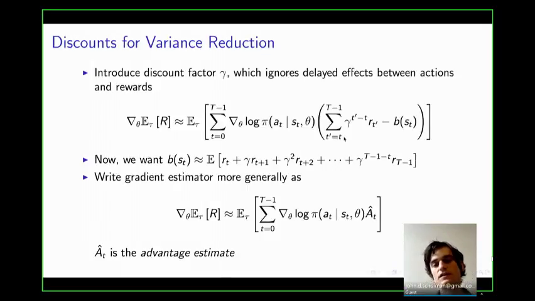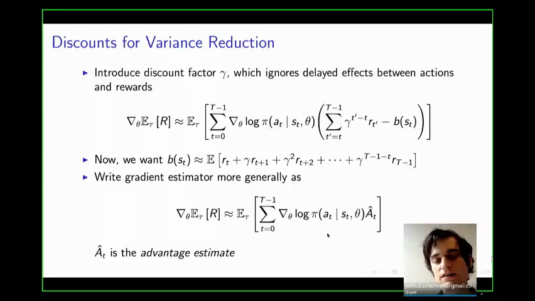Now it's worth looking at the formulas we've shown so far. One way to interpret them is as multiplying grad log probability times an estimate of the advantage function.